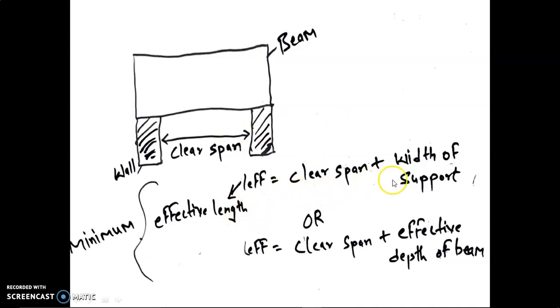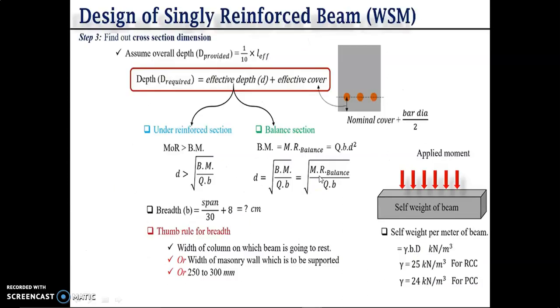It is clear span plus width of support, meaning the span which you see clearly and the width of the support or wall. You have to take half of that for counting the effective span, or clear span plus effective depth of the beam. You have to take the minimum of both of them. So this is the concept of finding the effective span.